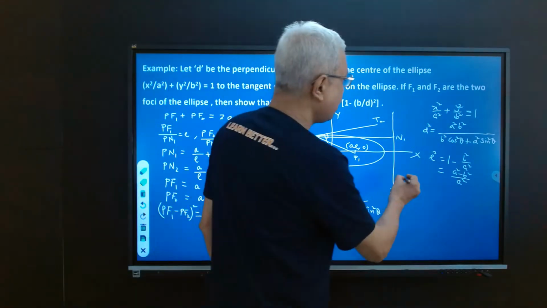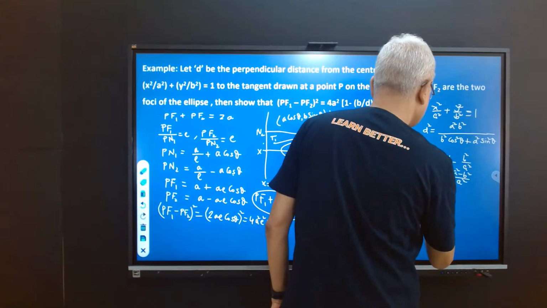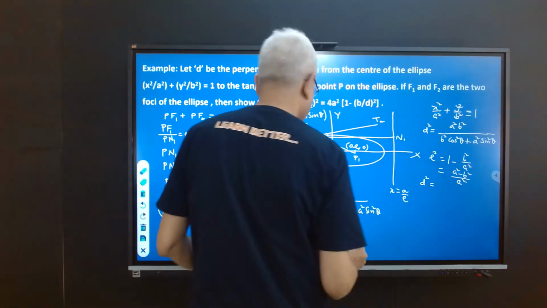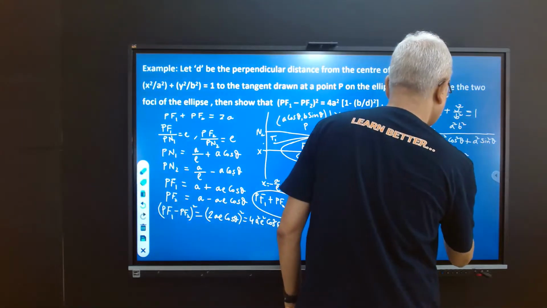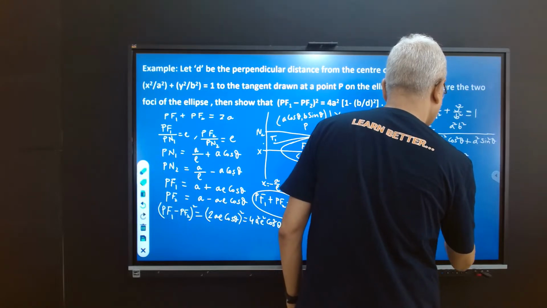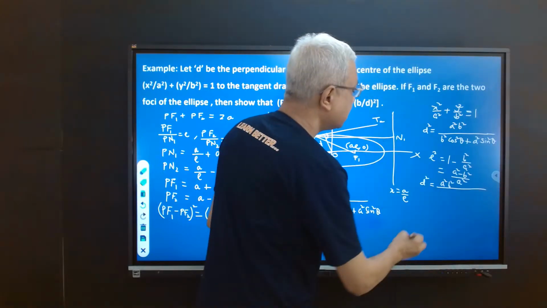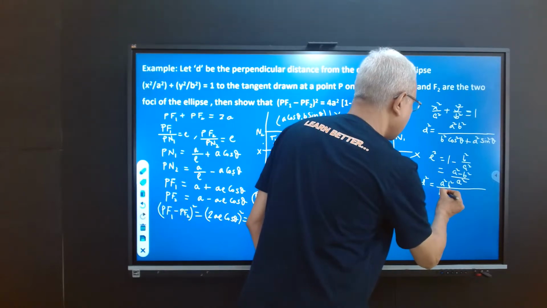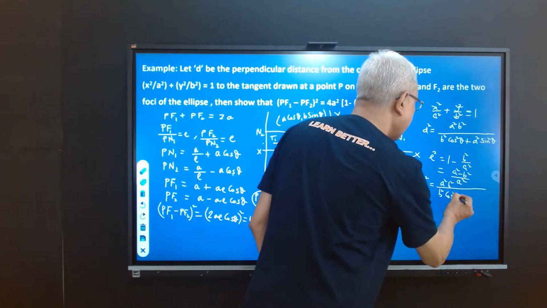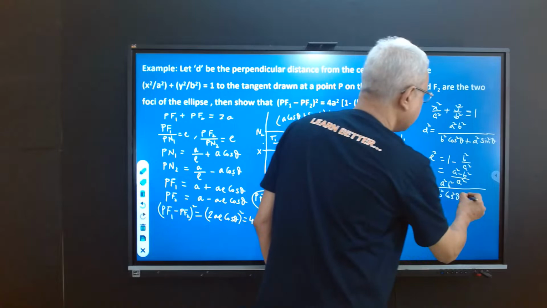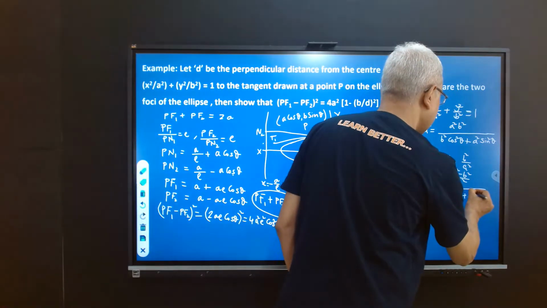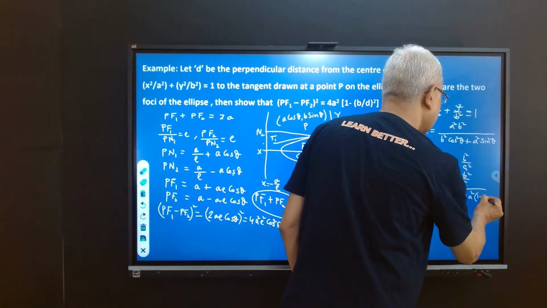And b square we have calculated like this. So b square, I can write, a square b square divided by b square cos square theta plus a square into 1 minus cos square theta.